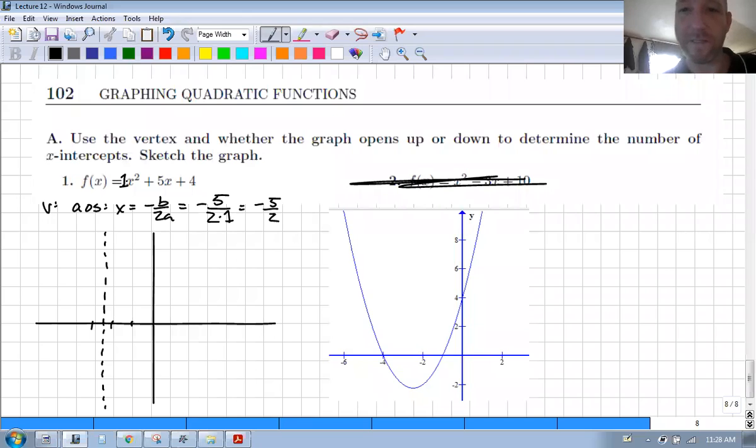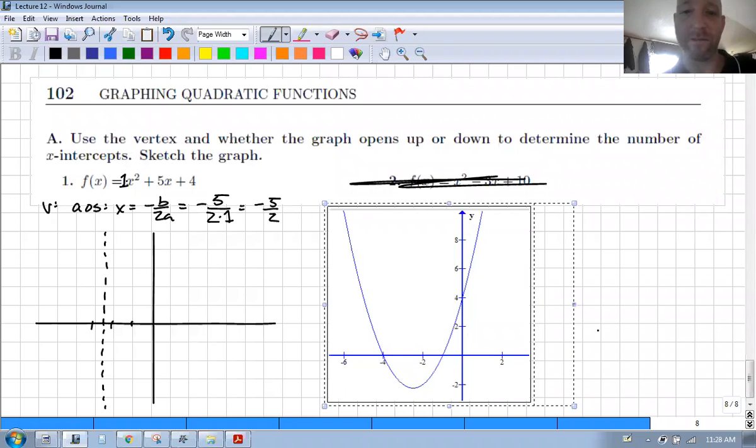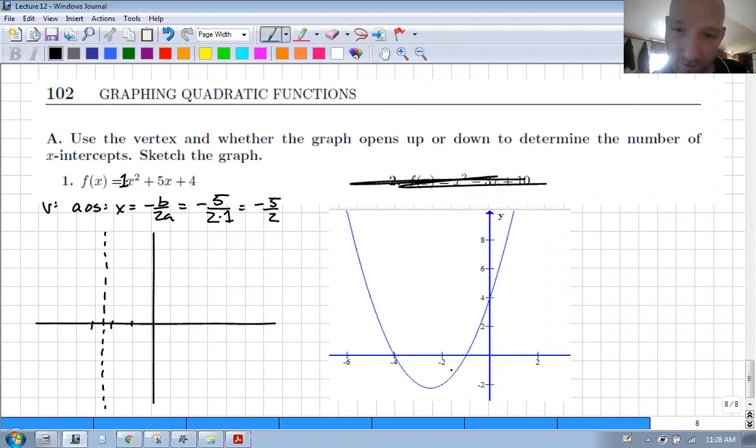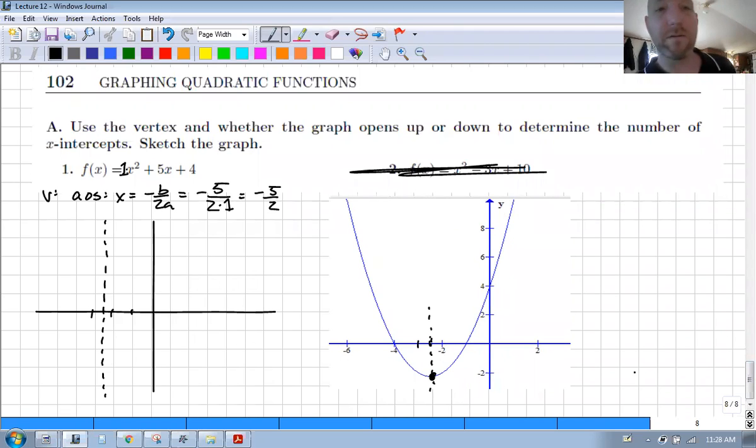We'll do that one next. So this one looks like this. Right here, this would be 3. So at 2.5, where that is, it opens upwards. I need to figure out how to get the y value here, to get the vertex. Hold on, give me a second here.